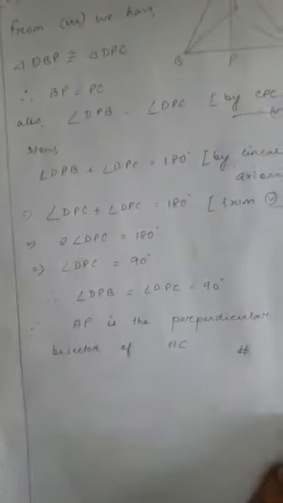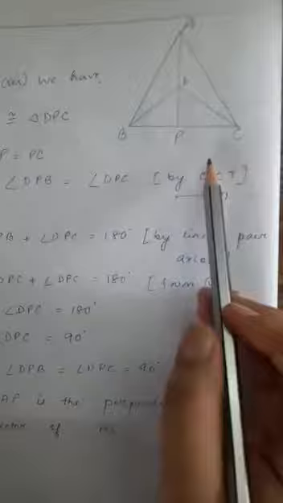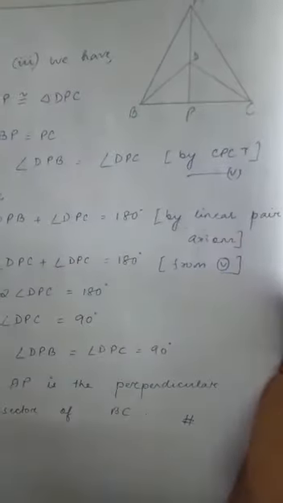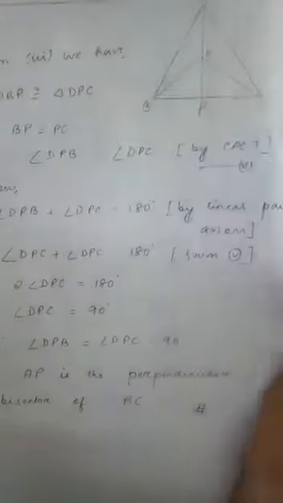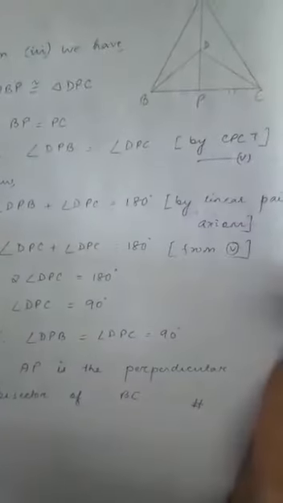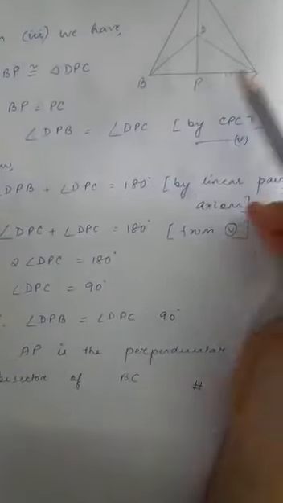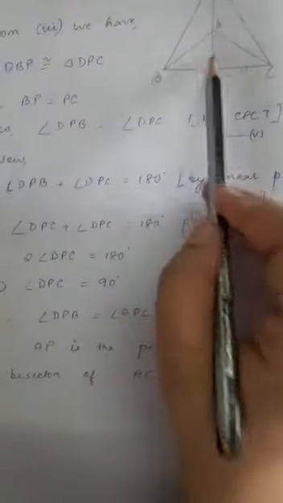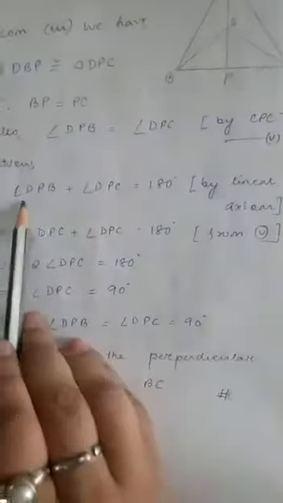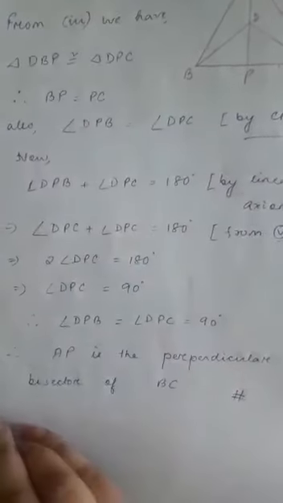Right. So now we'll go to the last one, where we need to prove that AP is the perpendicular bisector of BC. In this diagram, we got just now that triangle DPB is congruent to triangle DPC. Therefore BP will be equal to PC and angle DPB will be equal to angle DPC by CPCT. Now by the linear pair axiom, angle DPB plus angle DPC is equal to 180 degrees.